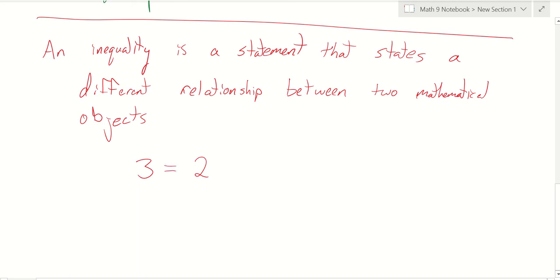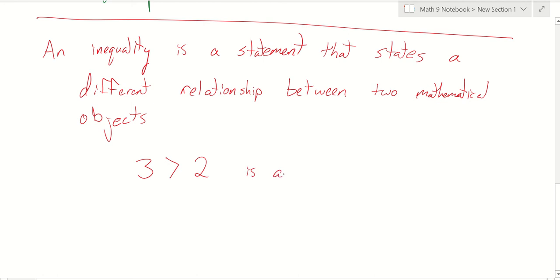If we drew an equal sign, that would be very silly because it is a false statement. 3 is not the same thing as 2. They're not equal. One thing we could say is that 3 is not equal to 2, but that's not super informative. So what could we state is the relationship between 3 and 2? Well, we can say that 3 is larger than 2, or in mathematical vocabulary, that 3 is greater than 2.